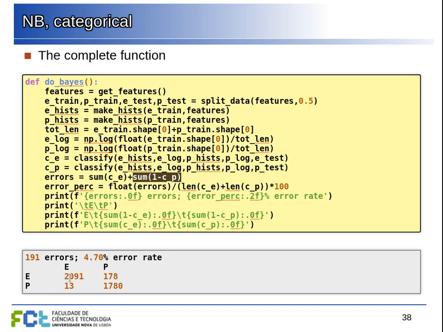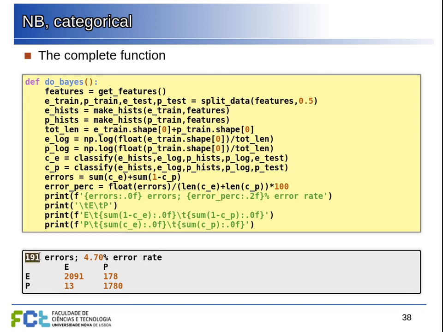And now we can compute the confusion matrix and the percentage of errors and so on. So basically, our classifier on the test set just makes 191 errors. This is a 4.7% error rate, and we have the confusion matrix here.